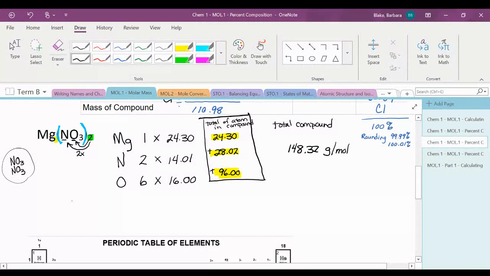Now, if I'm going to find the percent of magnesium, it is going to be the part of magnesium in the compound. So it is going to be the 24.30, and I am going to divide it by the mass of the compound, which is 148.32, and I'm going to take it times 100.